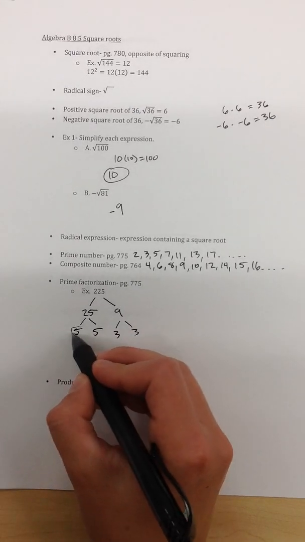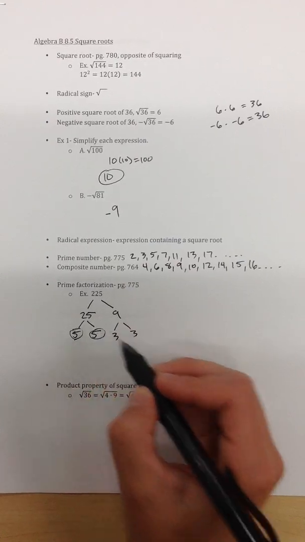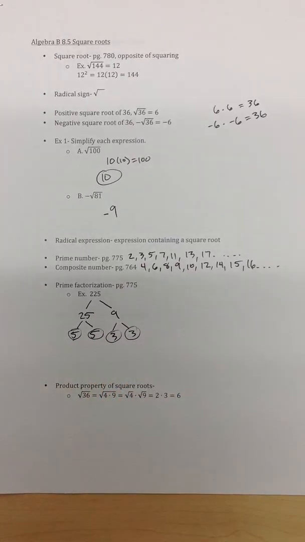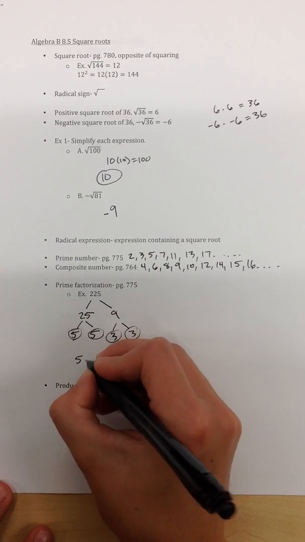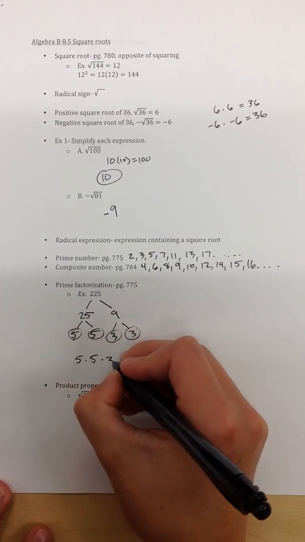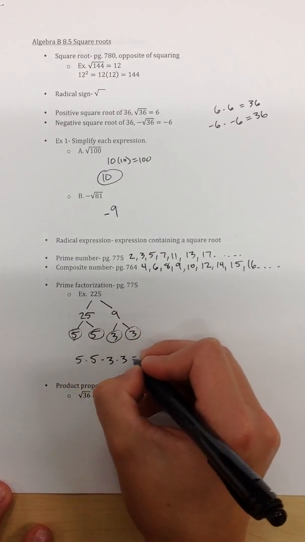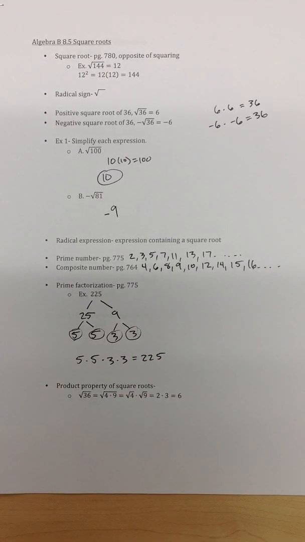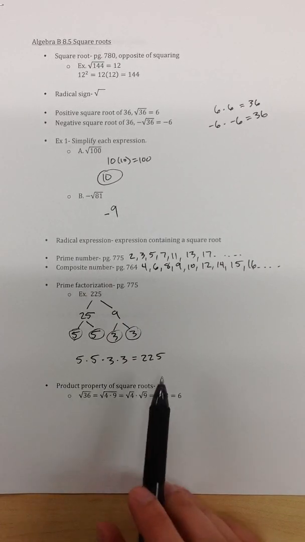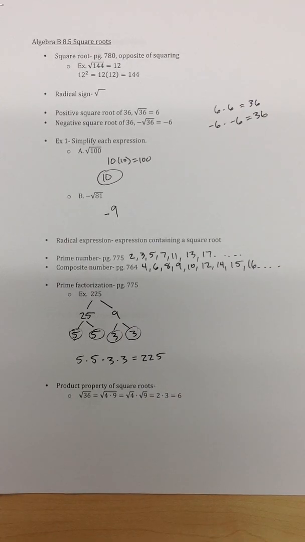So if we look here, 5, 5, 3, and 3 are all prime numbers, so we've done our prime factorization. Now to check that we did this right, we can take 5 times 5 times 3 times 3, and that should give you 225. Okay, so that would be prime factorization, is breaking a number into all its prime factors or a bunch of prime numbers that multiply to be the number that we started with.